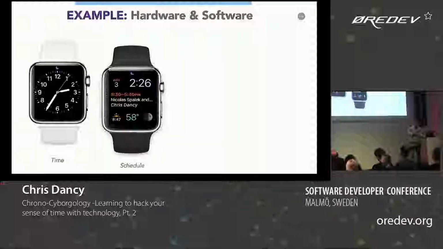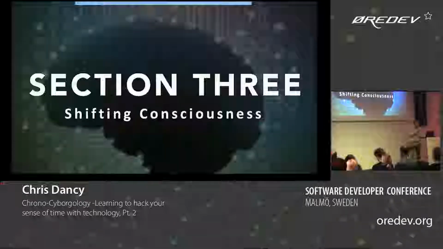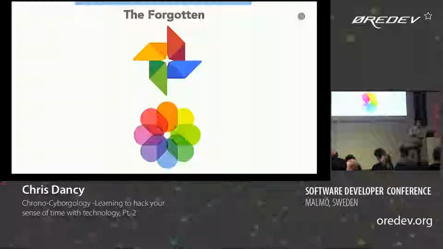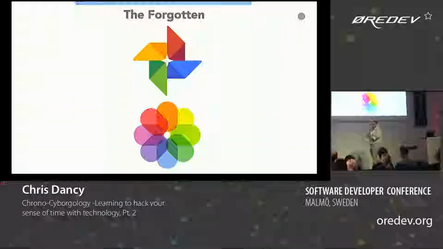So let's first get into some examples of ways that you can make this work and thinking about shifting your consciousness. There are basically 6 different types of time interfaces and the applications that go along with them. I call the first type of interface for time, temporality, the forgotten.